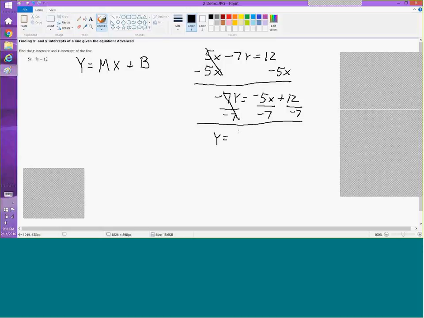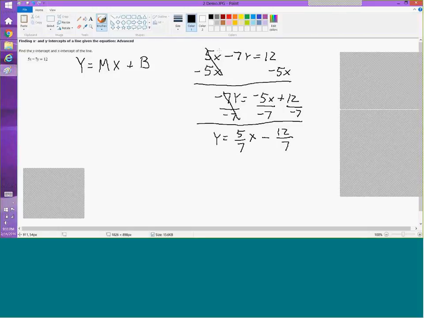The negatives are going to cancel out, and since that doesn't divide evenly, I'm just going to leave that as 5 sevenths. And positive 12 divided by negative 7 is going to leave me with a negative number, negative 12 over 7.